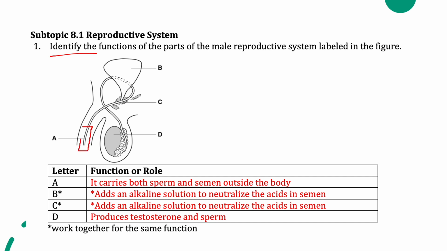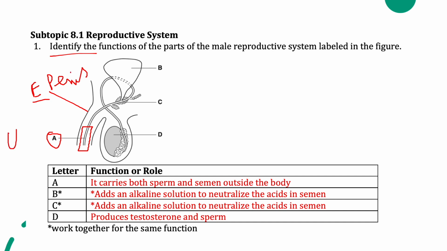A is the tube, not the outer one. So this is a different organ. We can label it, let's say, E. So A is the tube passing inside E. E is called the penis, and the tube passing through the penis is called the urethra.